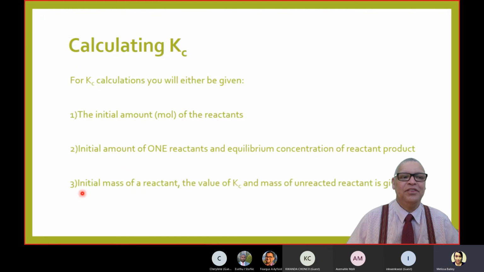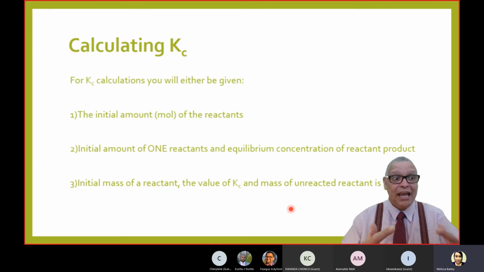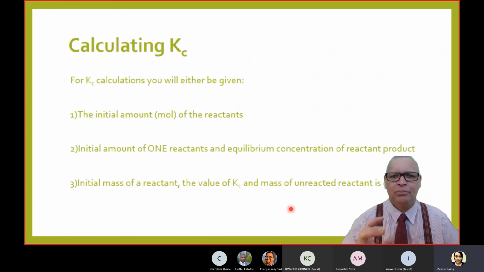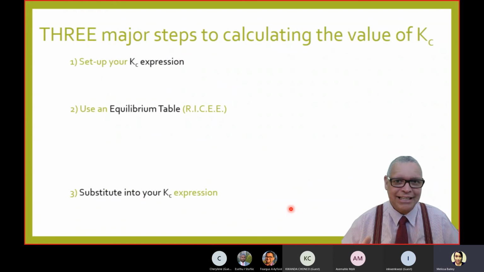Thirdly, you could be given the initial mass of the reactant, the value of Kc, and the mass of unreacted reactant. So they could give you any one of these three combinations, and therefore in your exam preparation, it may be very good to really accelerate your efforts in this connection. Make sure you come to a proper understanding of each of these three important ways, because they could ask you anything. Remember, they're testing your understanding. They're not trying to catch you out.